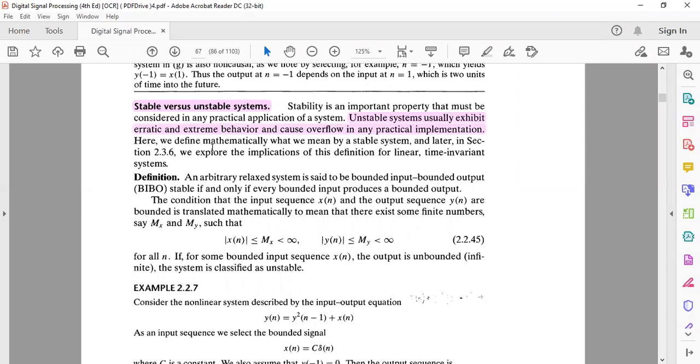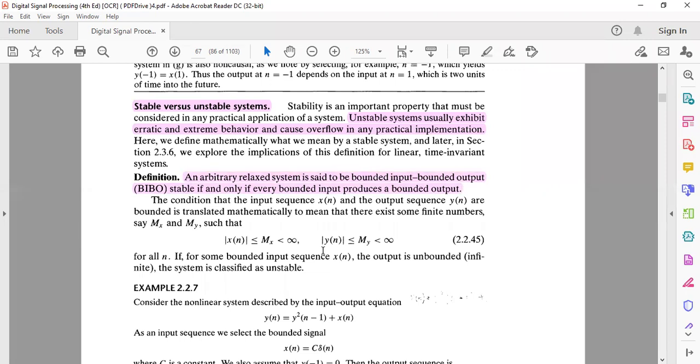Here we define mathematically what we mean by a stable system, and then later we'll explore the implication of this definition for linear time invariant systems. An arbitrary relaxed system is said to be bounded input, bounded output stable if and only if every bounded input produces a bounded output.